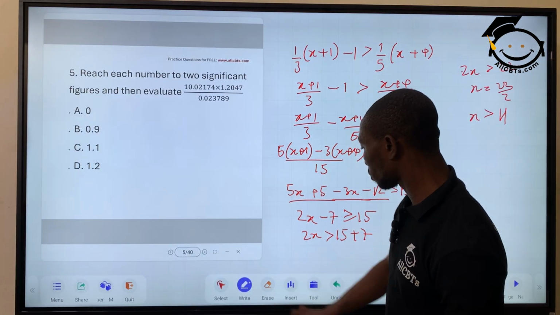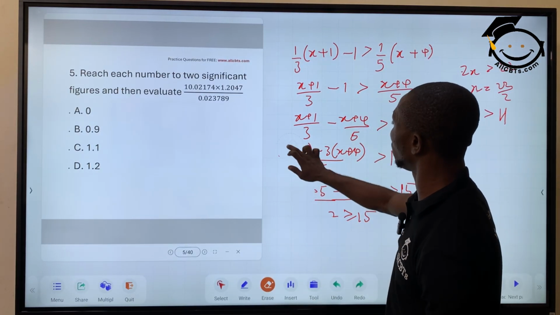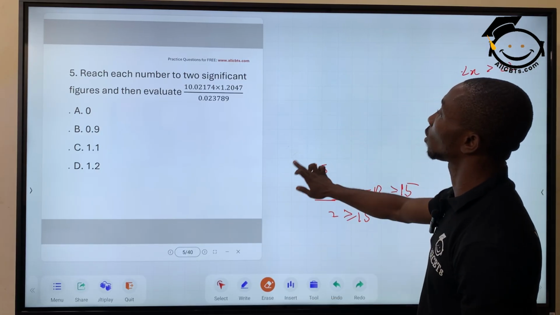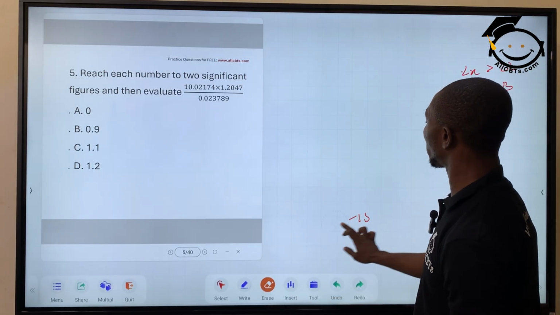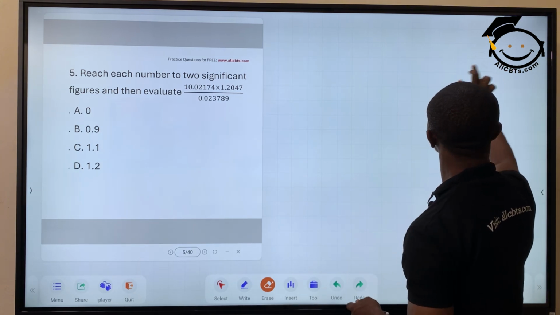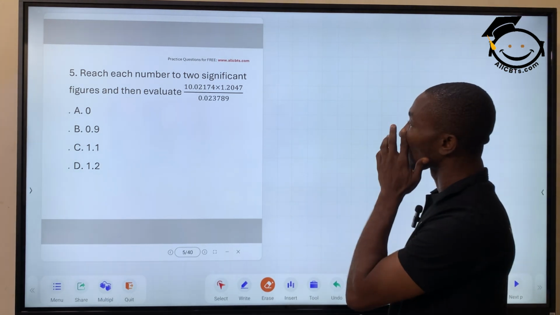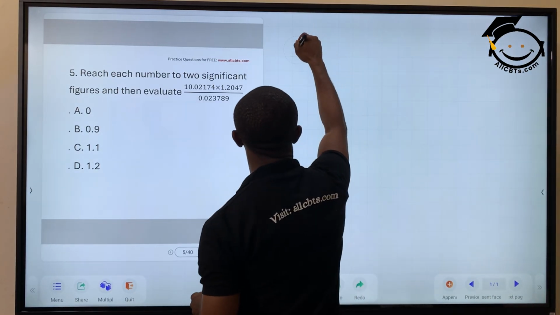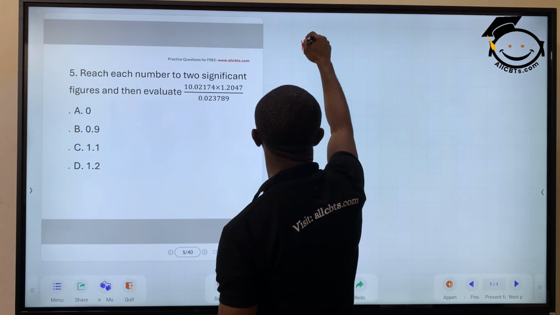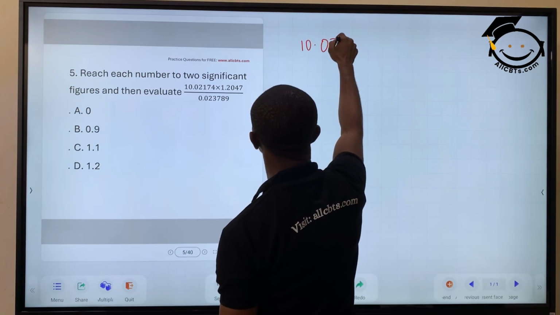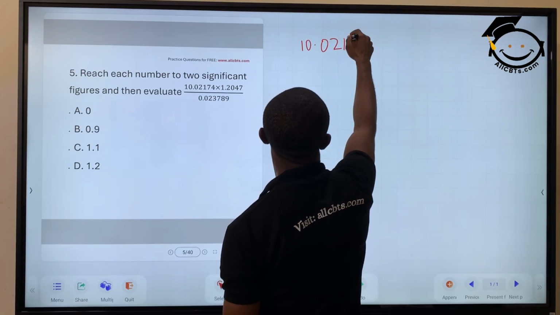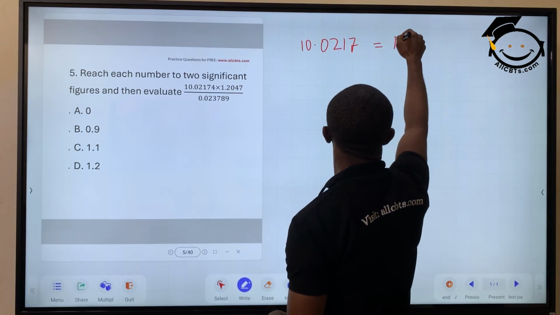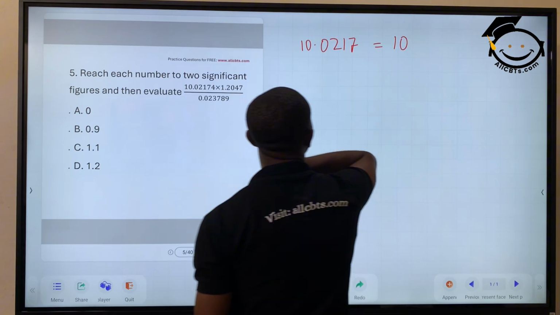Alright, so our next set of questions says, reduce each number to two significant figures and then evaluate. So 0.0217 to two significant figures will be 0.022.